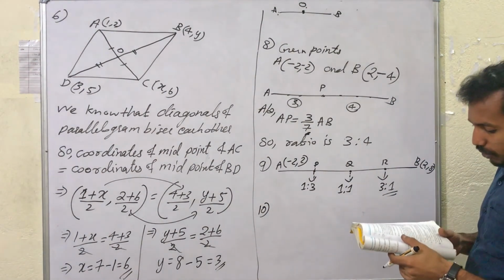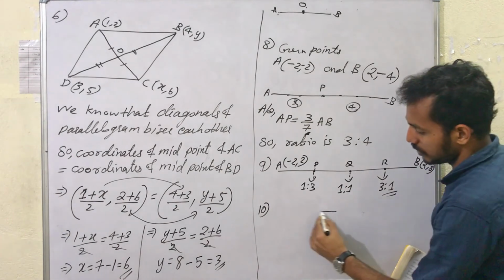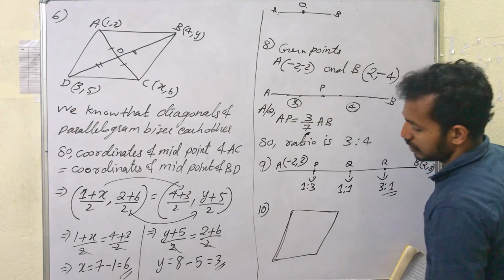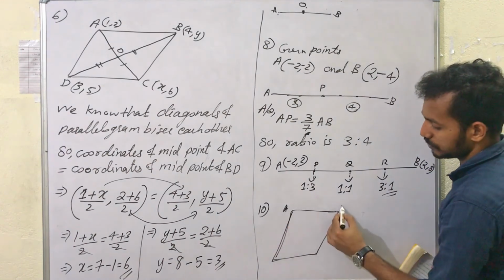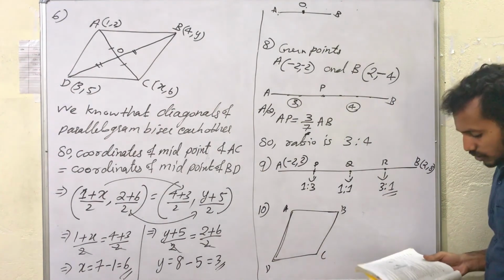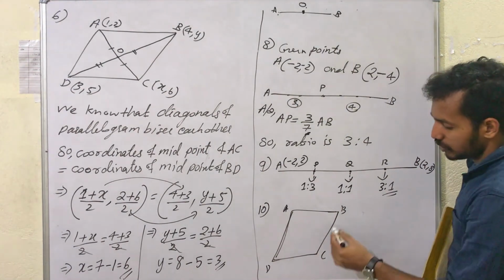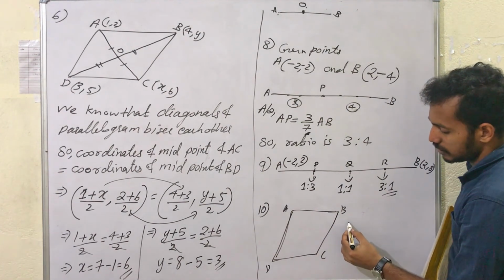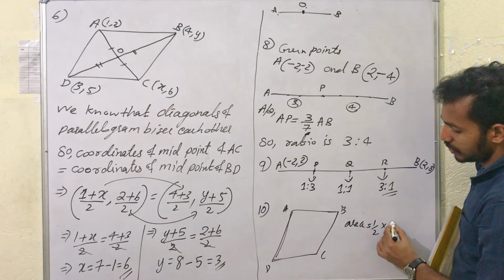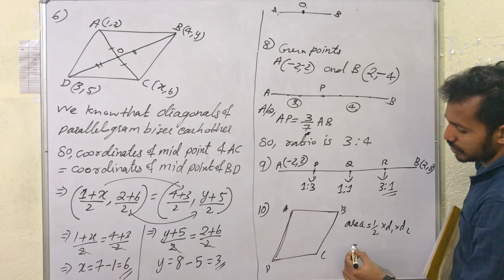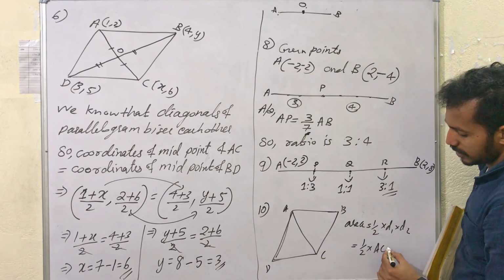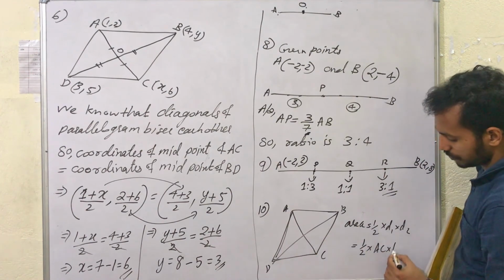Now question number 10. Find the area of rhombus if its vertices are given. This is a rhombus. Now vertices A, B, C are given. We need to find the area. How to find the area? Area is equal to half into D1 into D2, which is equal to half into AC into BD.